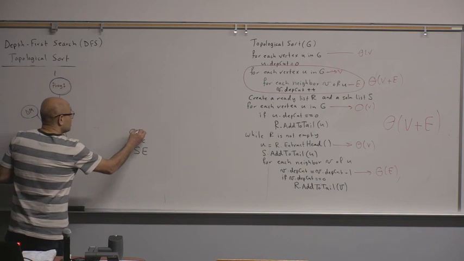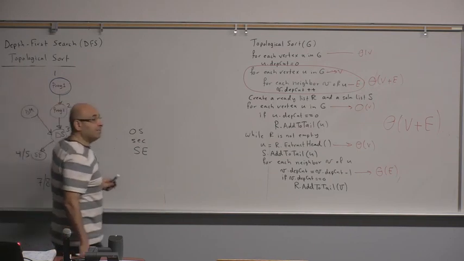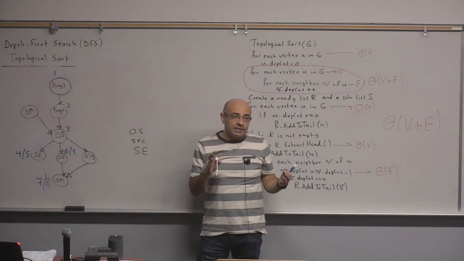Now OS has some neighbors, but one of the important characteristics of DFS is that whenever we finish a vertex, we know that we have already finished all of its dependents. Right? You can't finish it before finishing all of its dependents. That's one of the most important characteristics of DFS.